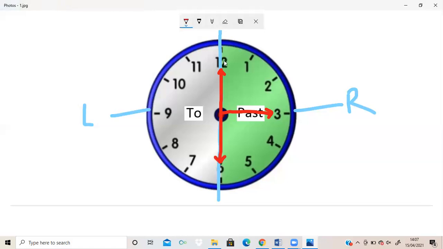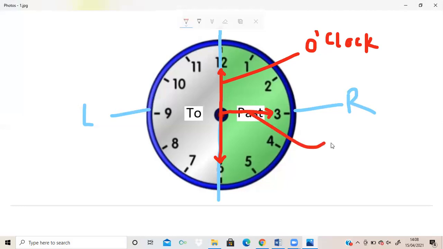When the minute hand is pointing at 12, that means the time is o'clock. I'm just writing this on. And when the minute hand is pointing at 3, this time is quarter past.